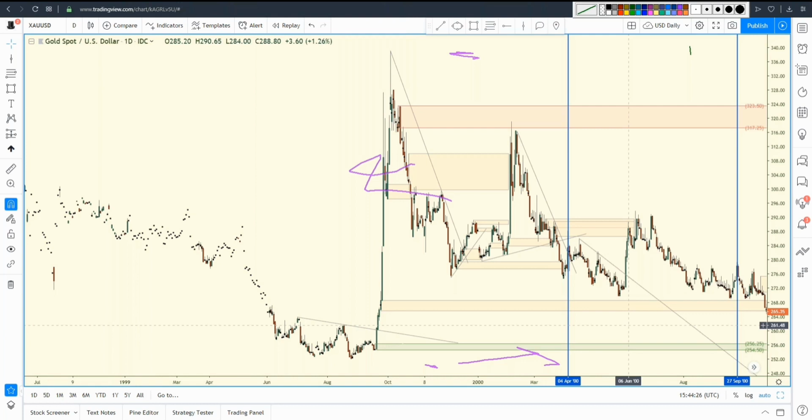I'm talking about how the institutions come into the markets, how they buy something at a low price, how they push price up, and then how price exhausts itself and then reverses down into a demand zone where they fill in the rest of their orders, and then they push price up again. Every time price exhausts itself, it's always exhausting itself at an opposing area.